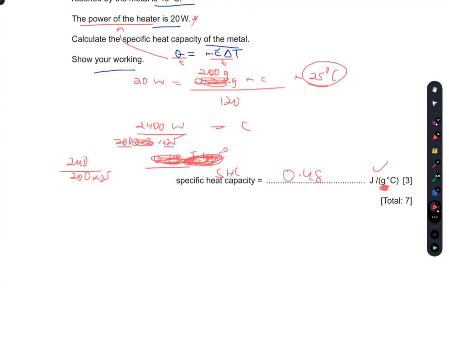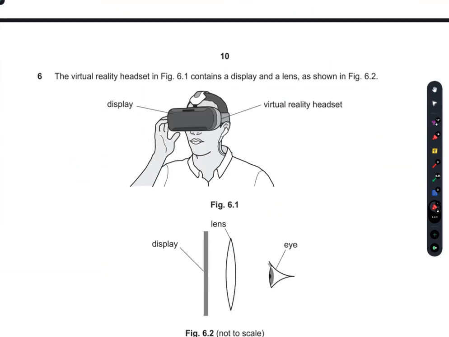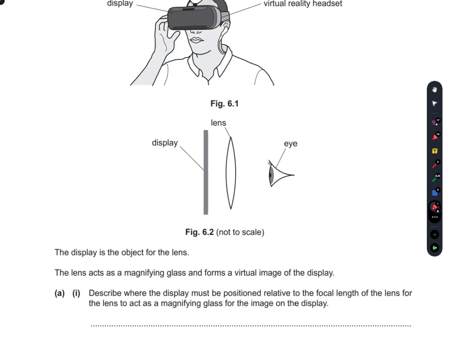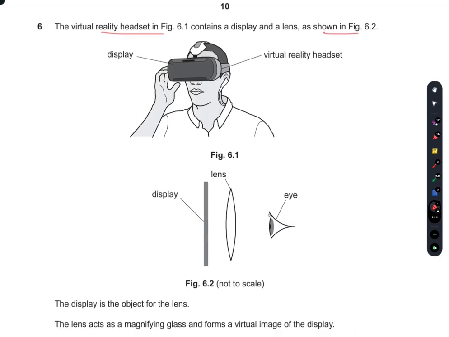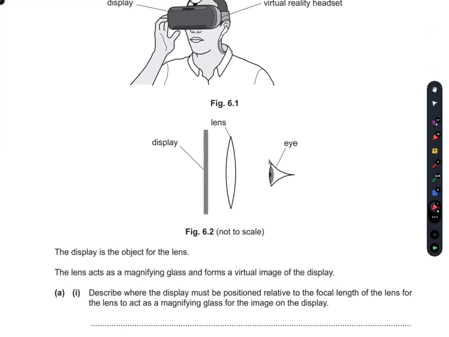So that's the end of question number 5. Question number 6 here. The virtual reality headset in figure 6.1 contains a display and a lens as shown in figure 6.2. Okay, the virtual reality headset has the display, the lens and the eyes. The display is the object for the lens.